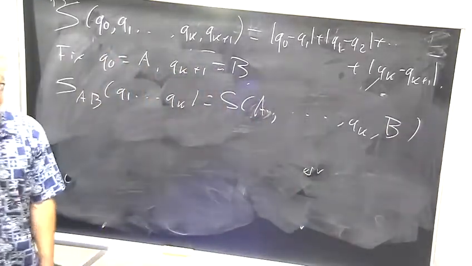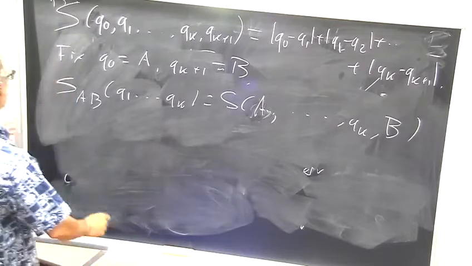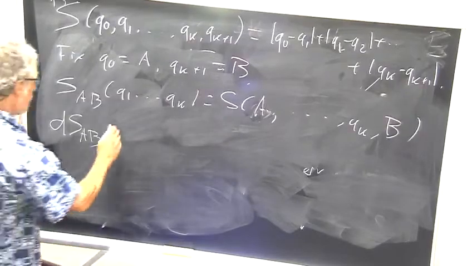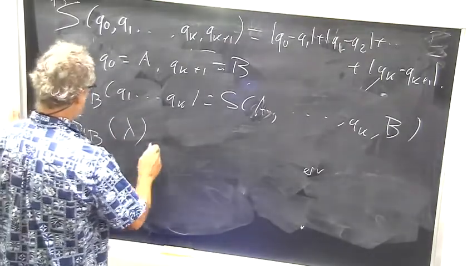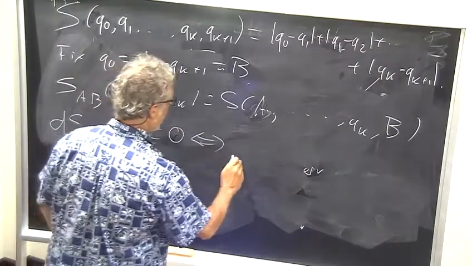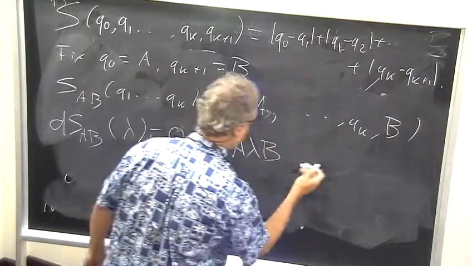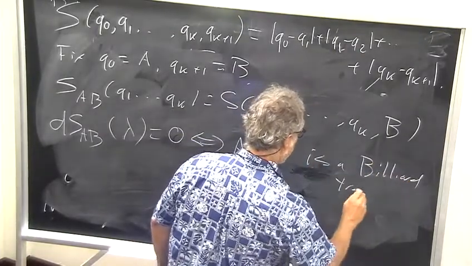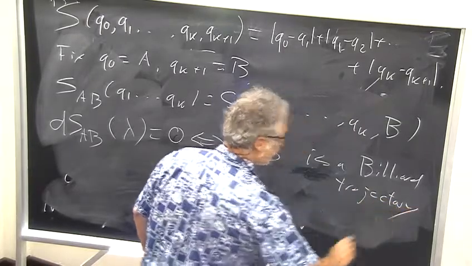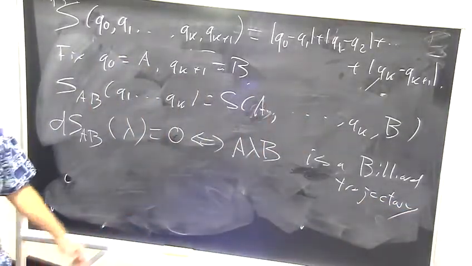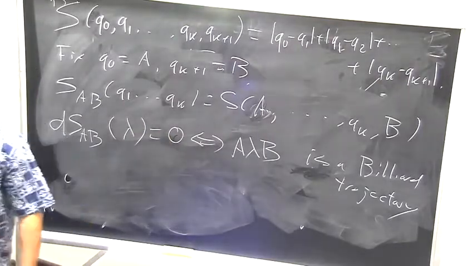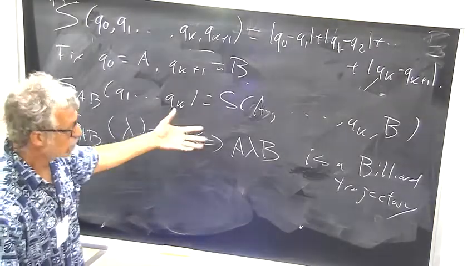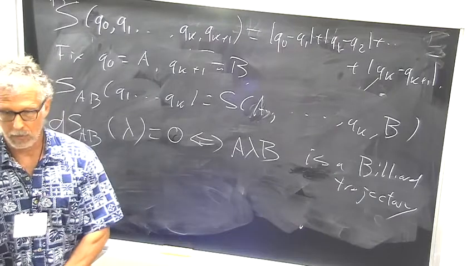Right, and then you just do a computation. The critical points of SAB, I'll call it lambda: dS equals 0 if and only if A lambda B is a billiard trajectory. So that's a computation. If anybody has done anything with generating functions, you've seen cancellations. You just compute and you see it, so the normals have the right property.